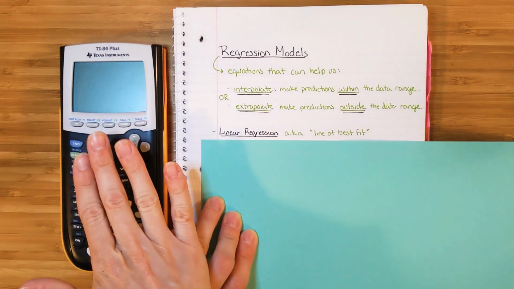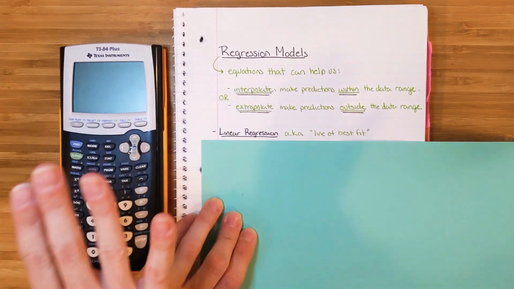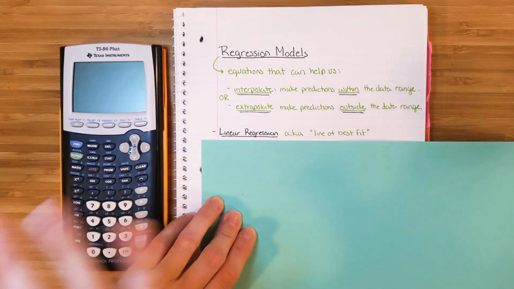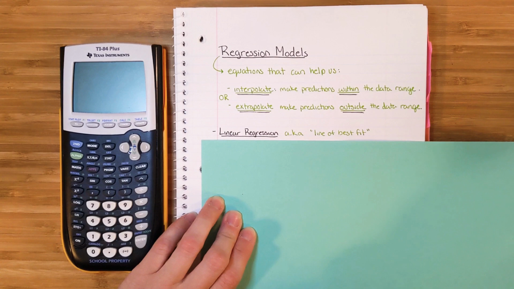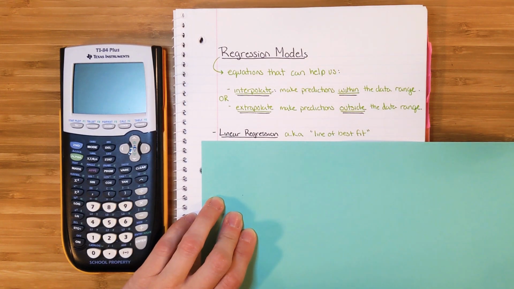Luckily now in high school, we have our trusty calculator to assist us, and it is going to help us create that equation that actually is the line of best fit with no guessing. And then once we have that equation, we can use it, like I said, to make predictions.